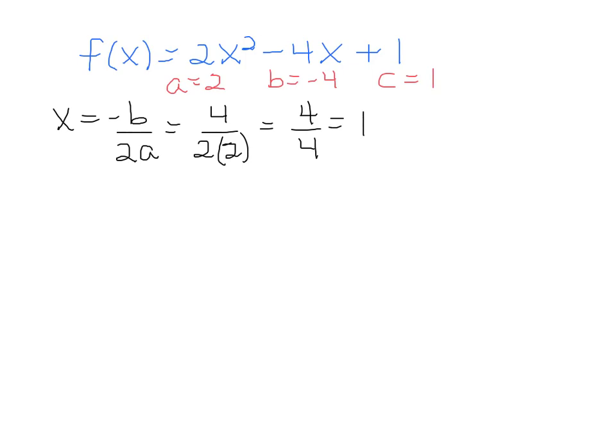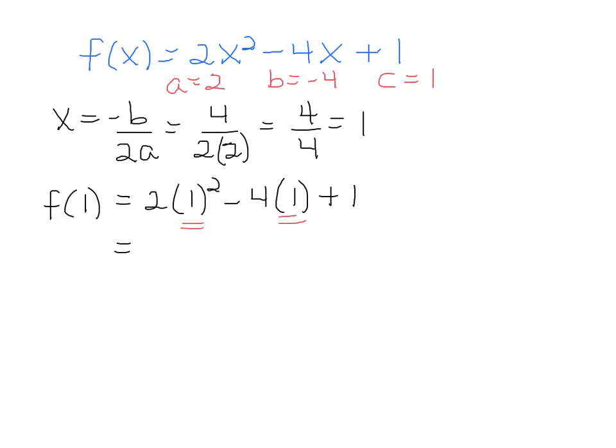So we get a 1 for the x-coordinate of the vertex. Now we're going to insert 1 into the problem, everywhere there's an x. Again, 2 locations on this problem. We're putting in 1 here in the quadratic term, being squared and then multiplied by 2, and 1 in the linear term, being multiplied by the negative 4.